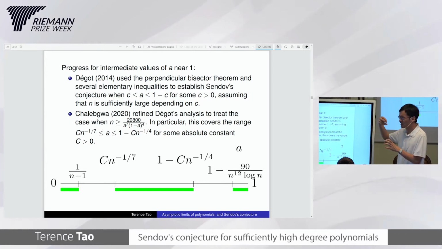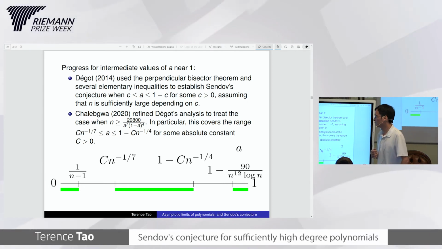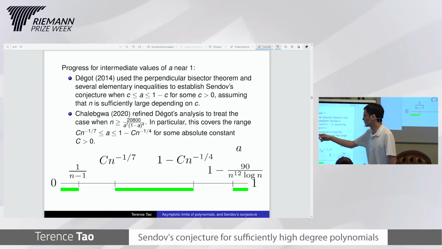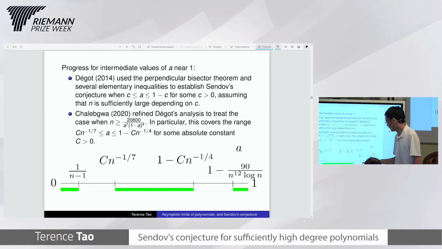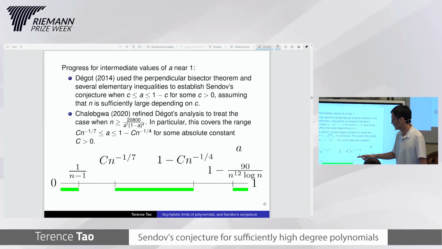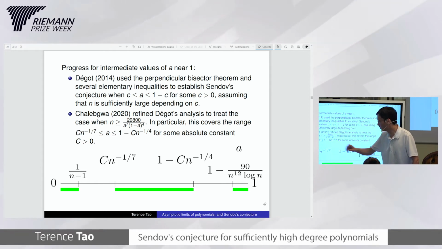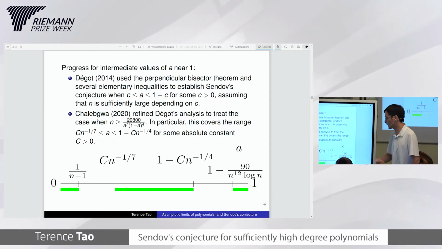In his argument, he didn't quite say what big enough meant, but this was worked out somewhat later by Chalegua. The precise bound is a bit complicated, but basically, for any n, he was able to verify this conjecture in a range which on the left is like a constant over some power of n, and on the right is 1 minus a constant over some power of n.